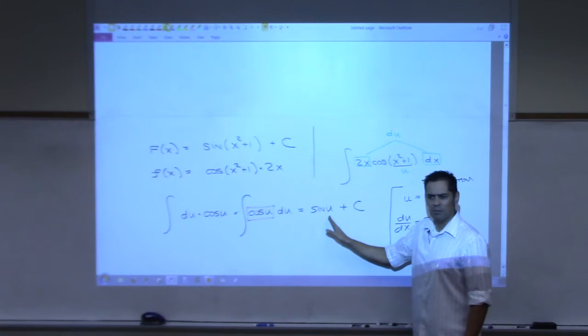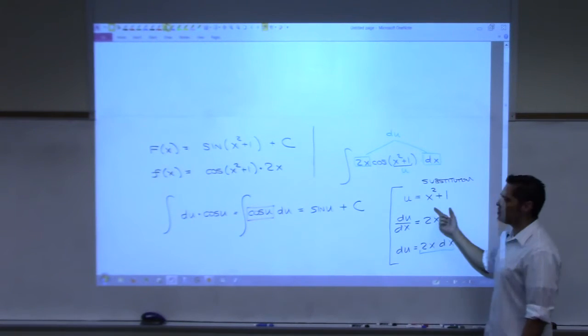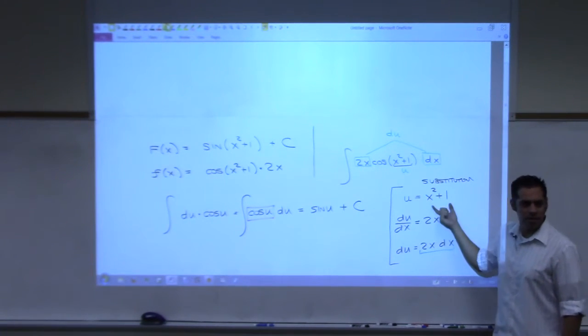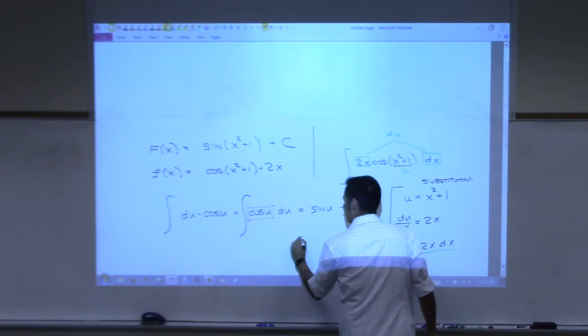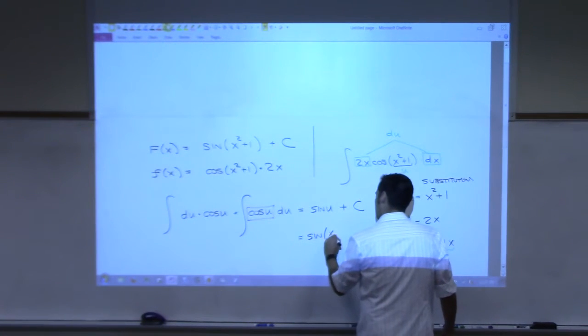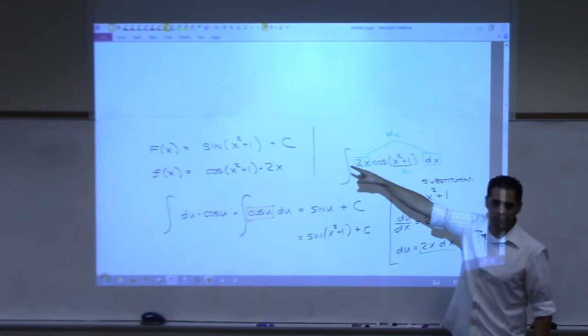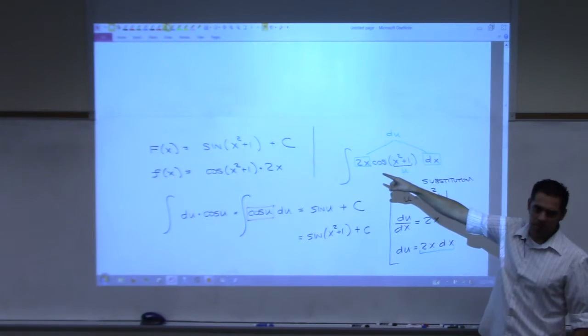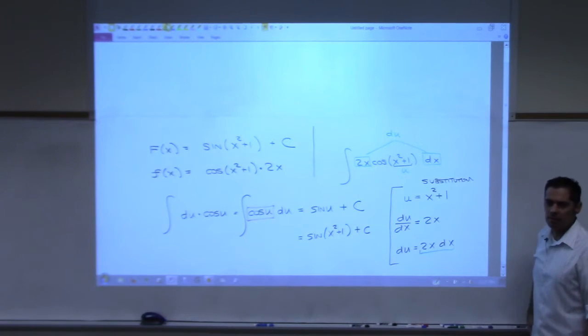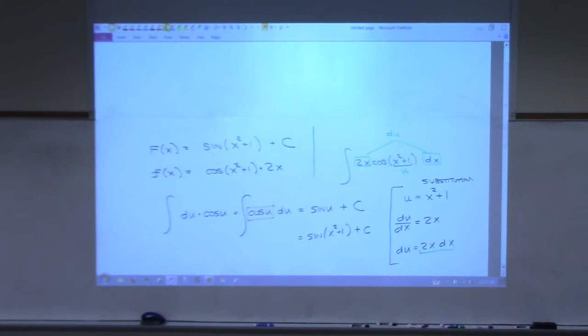What is u? Well, what was u? x squared plus 1. So I can rewrite this as sine of x squared plus 1 plus c. And that's what we said it was going to be, right? That has some inherent issues in it, doesn't it?